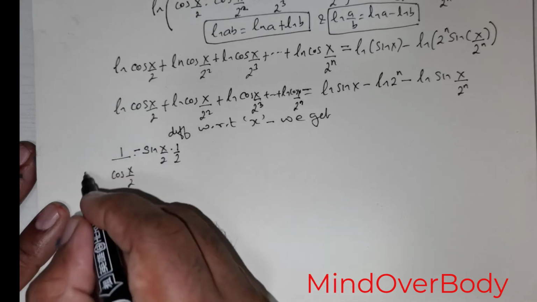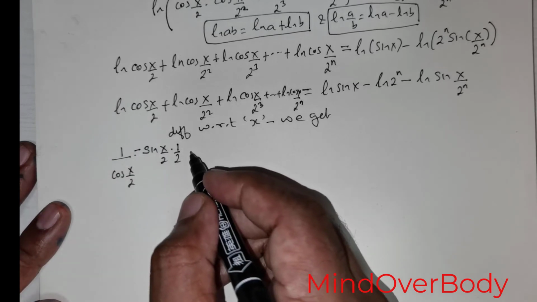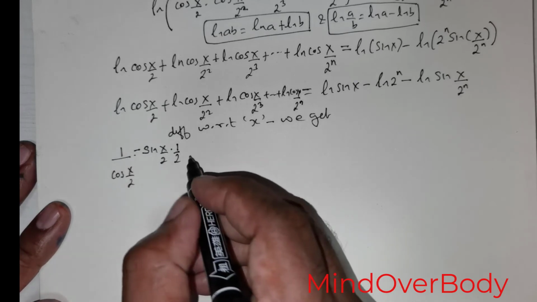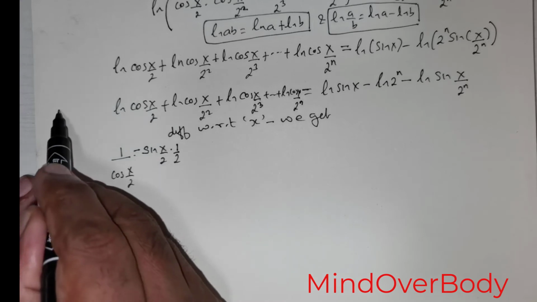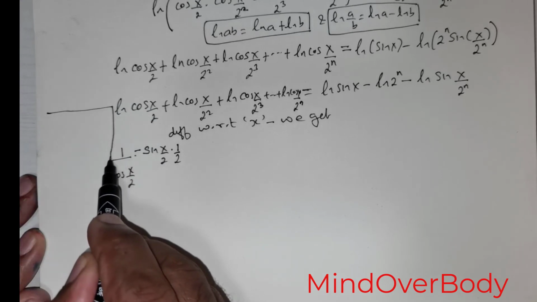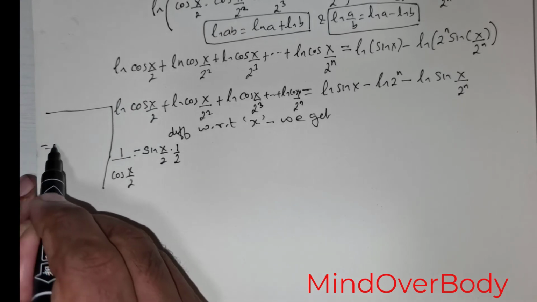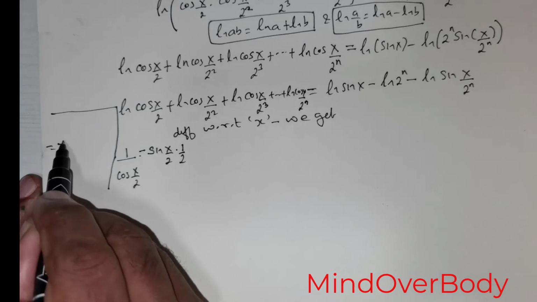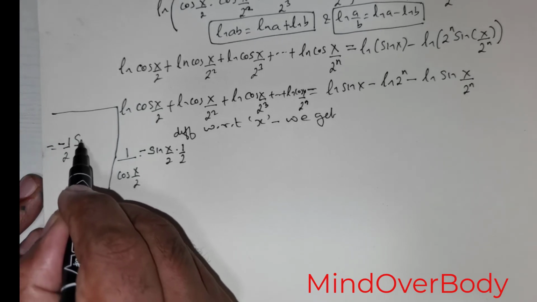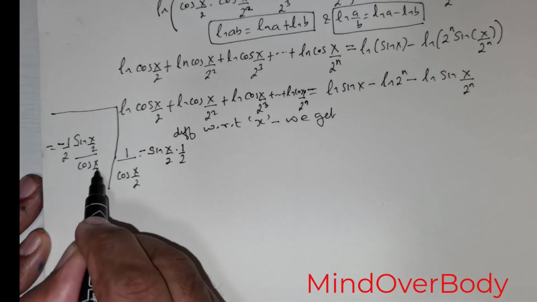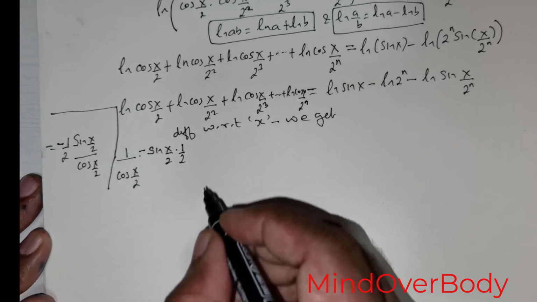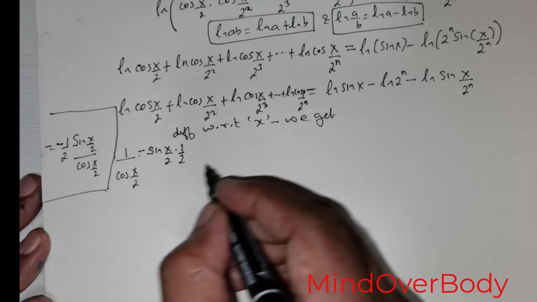So this is what we have got. So if I were to rewrite this, I would have to rewrite it in this fashion. So this is equal to negative 1 over 2 sine of x over 2 divided by cos of x over 2. So this is how we would be rewriting it.